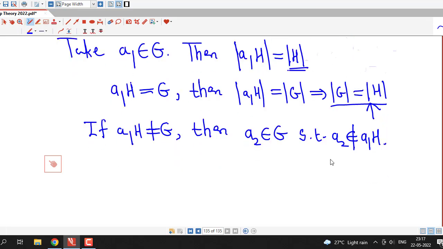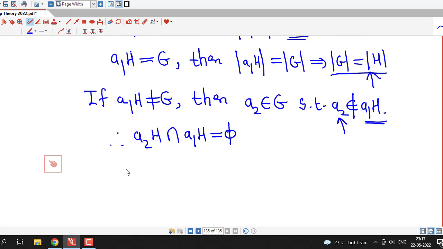Now because A2 is not present in A1H, left cosets corresponding to A2 and A1 will be disjoint, because we know that any two left cosets are either equal or disjoint. Since A2 is not a member of A1H, A1H and A2H cannot be equal, therefore they must be disjoint.